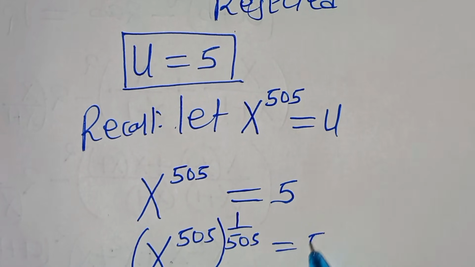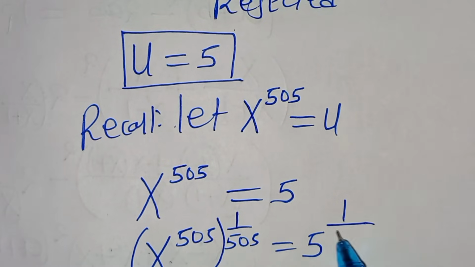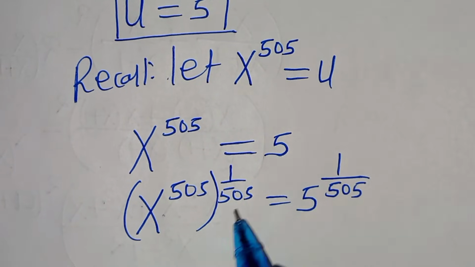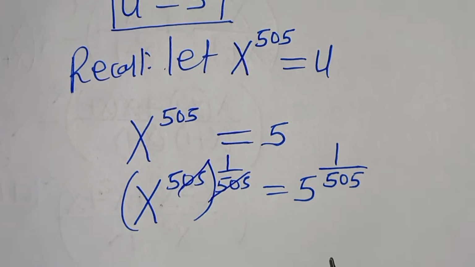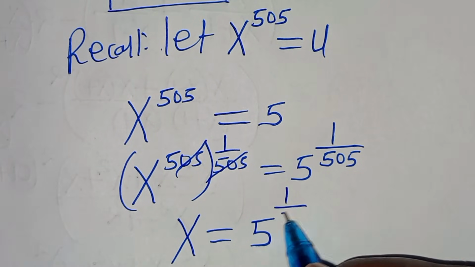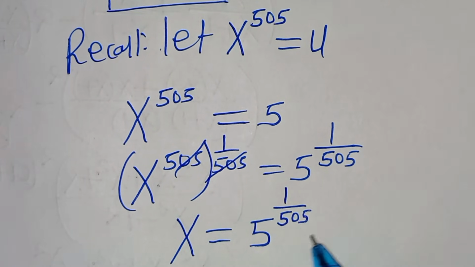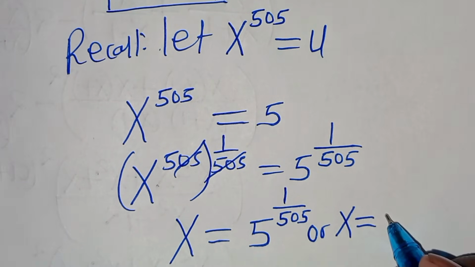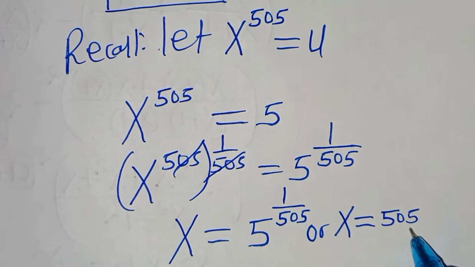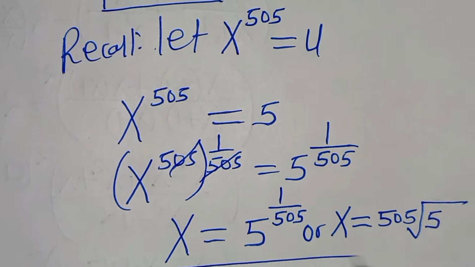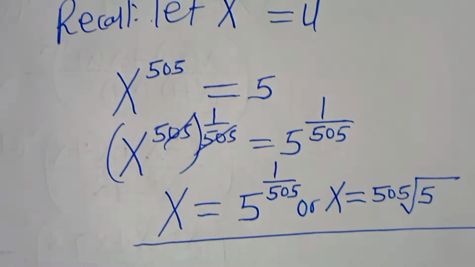This is equal to 5 raised to the power of 1 over 505. Now let's simplify here. And this means that x is equal to 5 to the power of 1 over 505, or we can express x as the 505th root of 5. So this is the solution to this algebra problem.